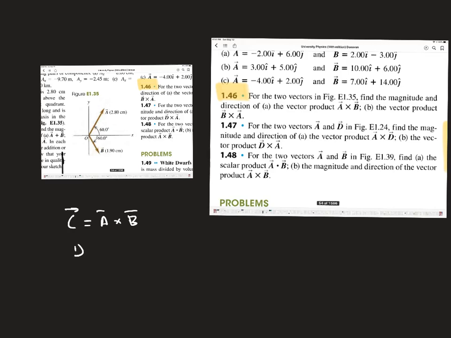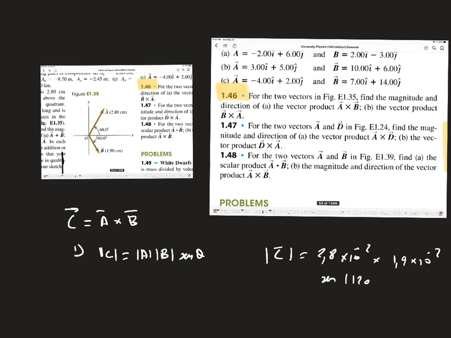First question, what is the magnitude of C? The magnitude of C is the magnitude of A times the magnitude of B times the sine of the angle that they form. I see on the picture the magnitude of A is 2.8 and the magnitude of B is 1.9. It is in centimeters, so you have to put it in meters, 10 to the minus 2, times 1.9 times 10 to the minus 2, times the sine of the angle, which is the sine of 120.